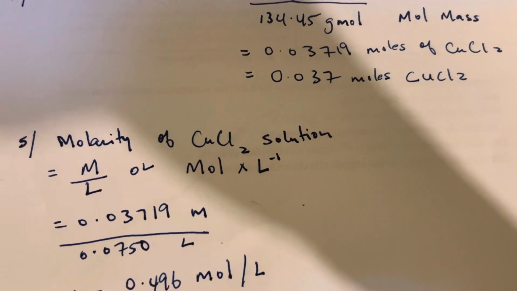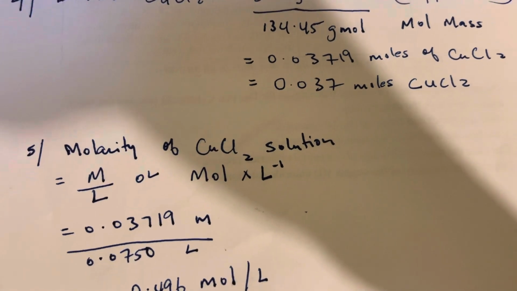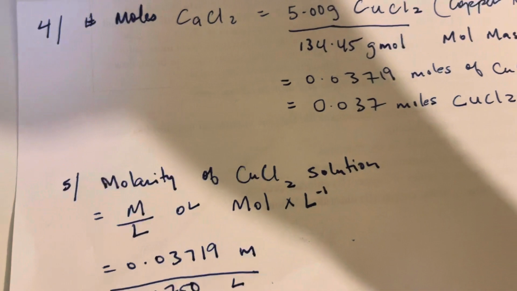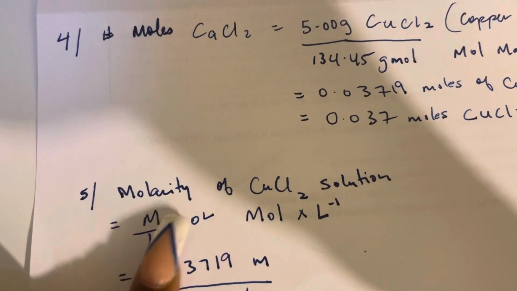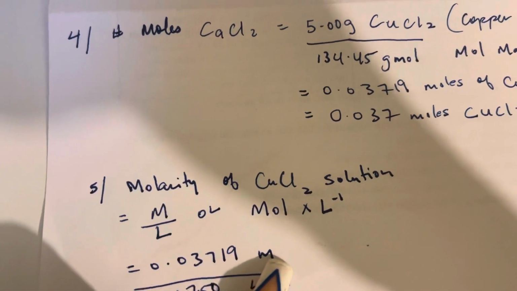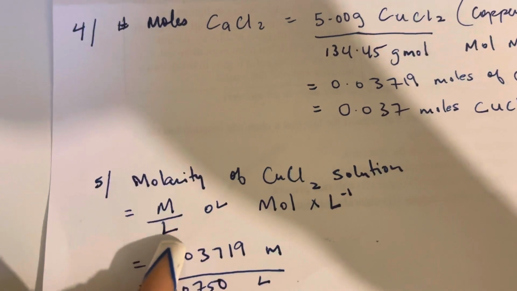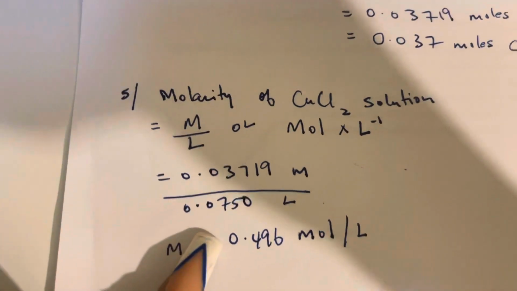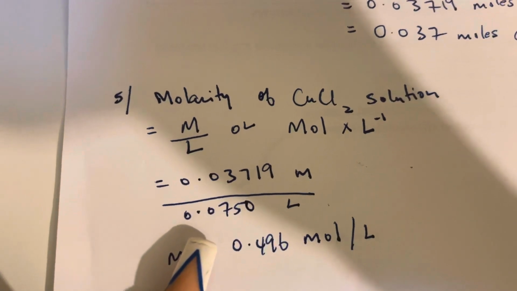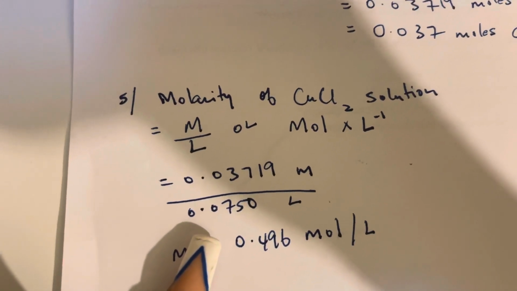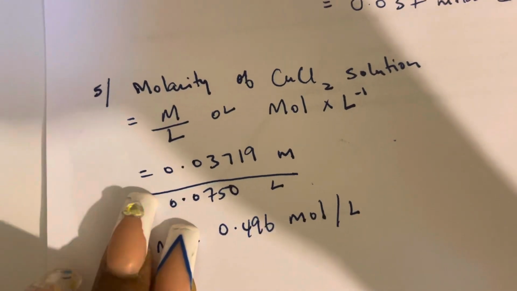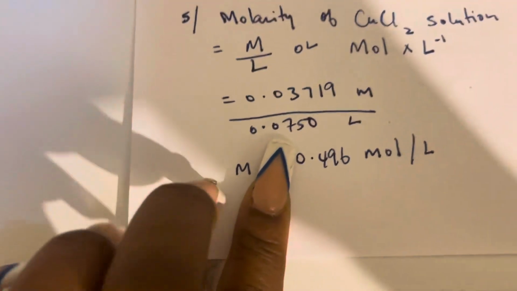You see I have the mole divided by L, or mol L^-1. So we need to convert volume. So you need to divide by 1,000.